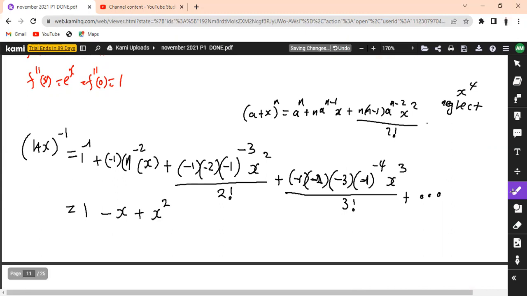And the other part, if we simplify, is going to be minus x to the exponent of 3. So guys, take note about how you simplify. That's what we are having from (1 plus x) to the exponent of -1.